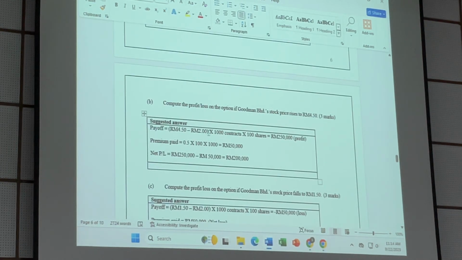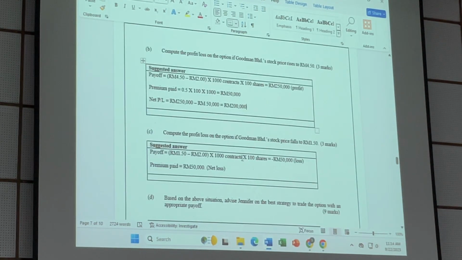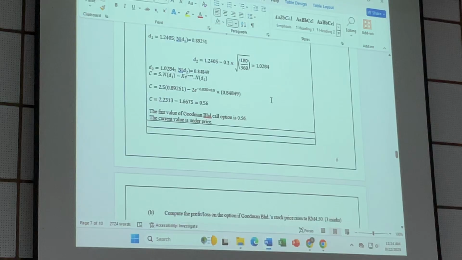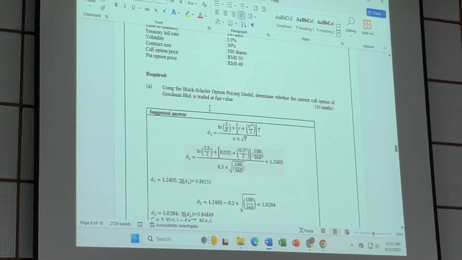Long the call, price rises, you earn profit minus your cost. So your net profit is 200,000. And when the price falls, you lose the premium. Premium is 50,000. Premium is 50 cents times 100 times 10, or you can directly times 1,000 shares also.